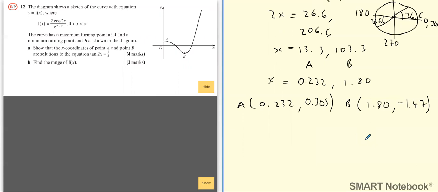Now that I've worked out the coordinates of A and B, can you please tell me the range for f of x?